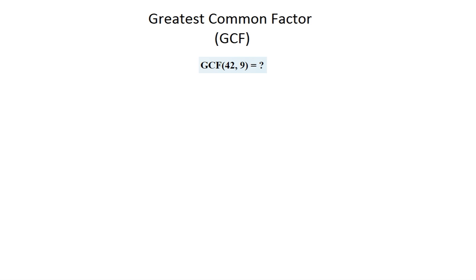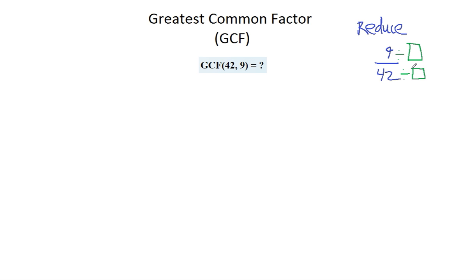If I imagine that I had the fraction 9 over 42, and I wanted to reduce, you might remember that to reduce a fraction you have to divide on the top and bottom by the same number. Whatever I divide 9 by, I also have to divide 42 by. That's how reducing works. And sometimes we can do it in multiple steps, but it's quickest to reduce if we divide by the greatest common factor.